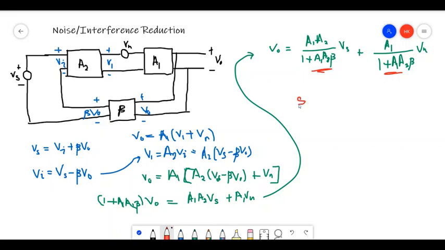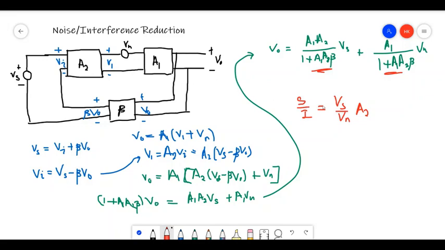If we calculate the signal to interference ratio now at the output, this part divided by this part, you can see that A1 over this factor is common to both, so it will be Vs over Vn times A2. Without the feedback, what we got was just Vs over Vn. Now we have Vs over Vn times A2, so the signal to interference ratio has been improved by this clean amplifier, right?